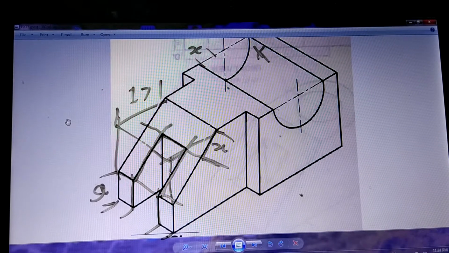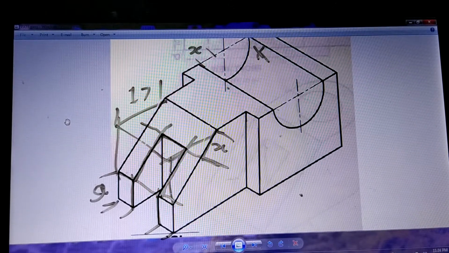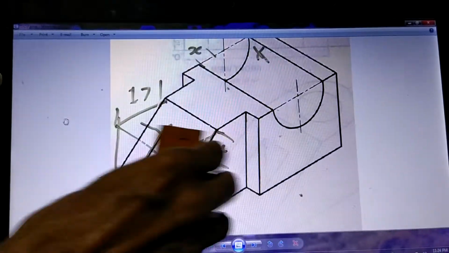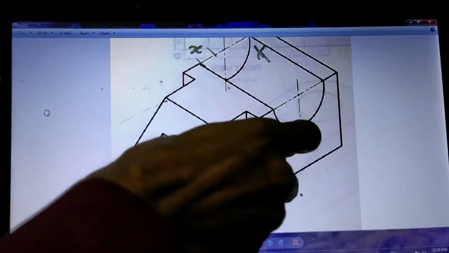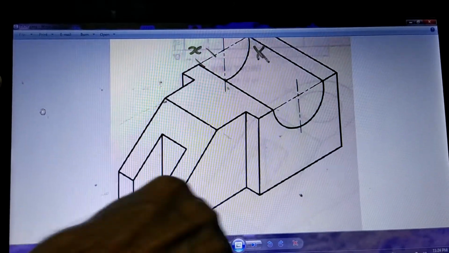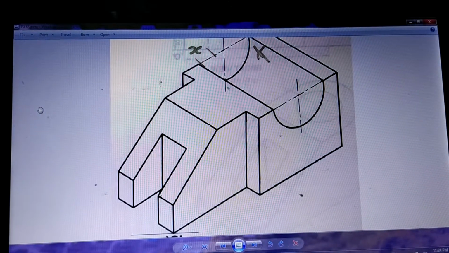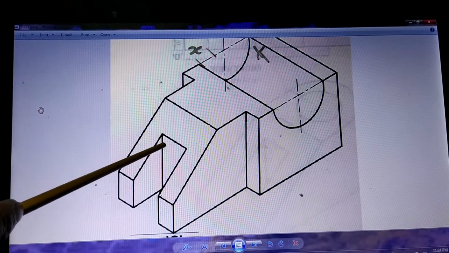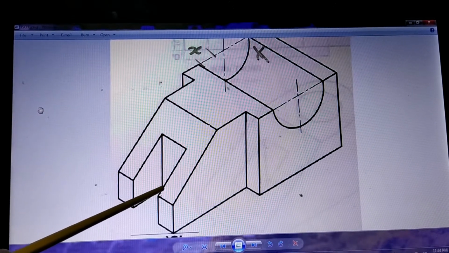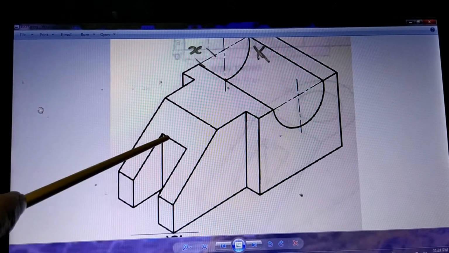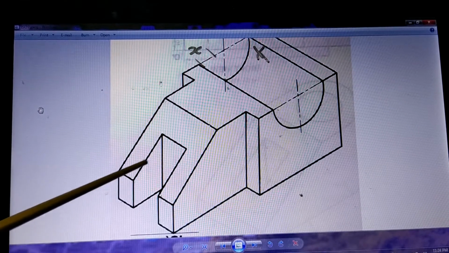So having done all that, what is left is the lines which are needed; I'll just erase all this. After you draw everything, what is left is this vertical line and this line. Because you know there is a surface here, that surface you have to show. So just don't leave it like this.